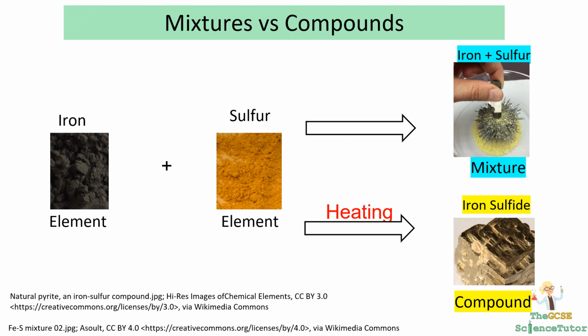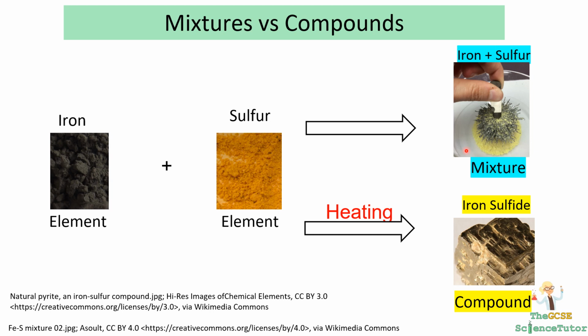A good example for showing the difference between a mixture and a compound is looking at iron and sulfur. Iron is a metallic element which is black and crystalline, and sulfur is a non-metallic element which is a yellowy powder. When mixed together, it just simply produces a yellow-black powdery mixture.